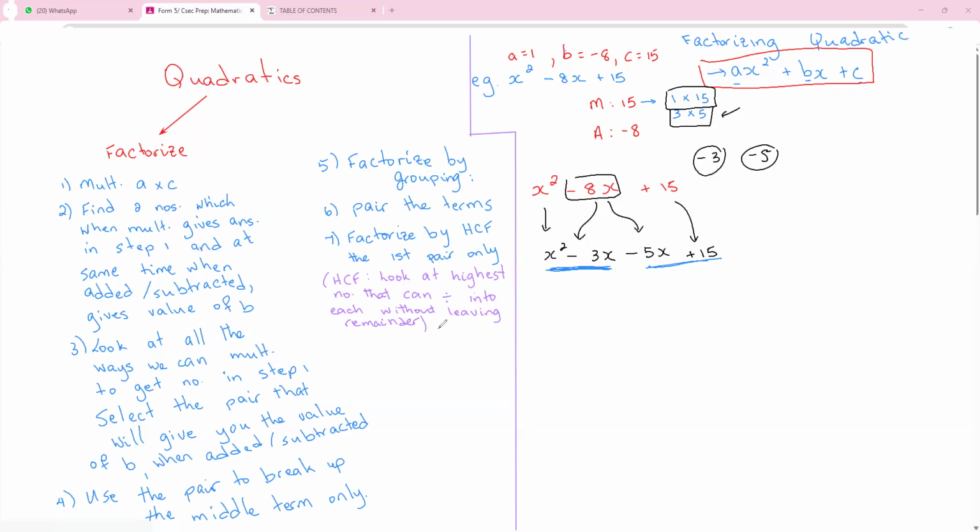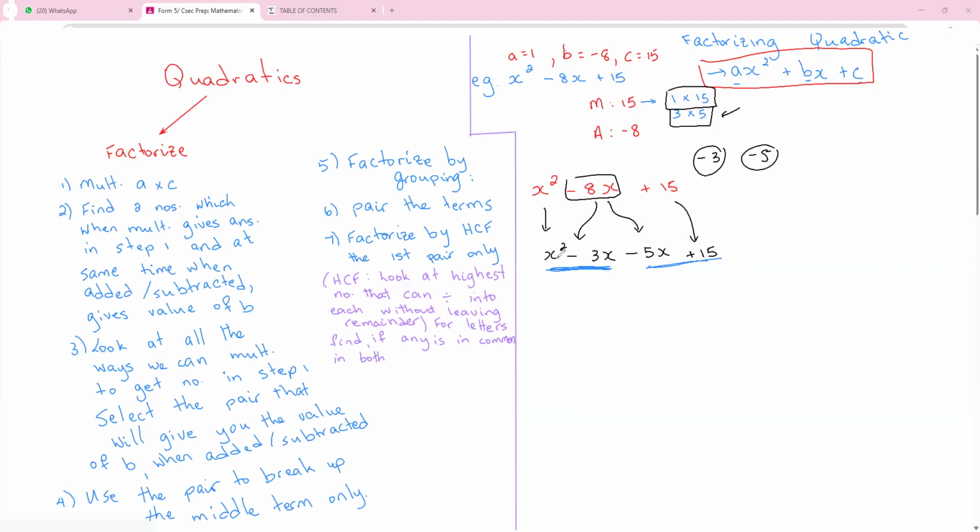And for the letters, you look for letters that are in common in both of them. For letters, find if any is in common in both.